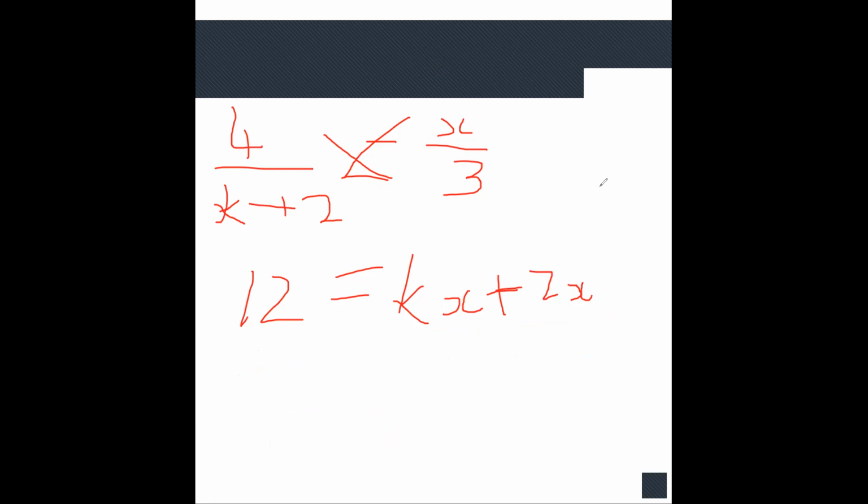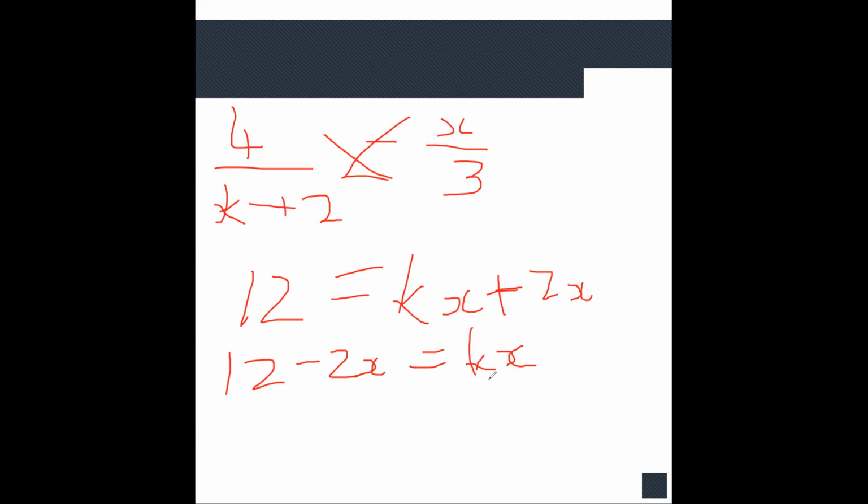Sir, I think we should add negative 2x to both sides. So add negative 2x to both sides, you said? Okay.